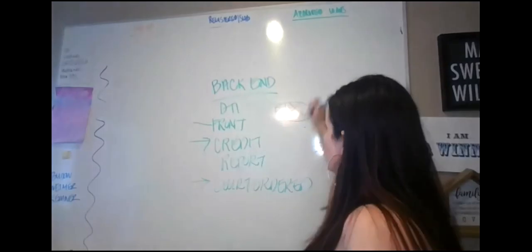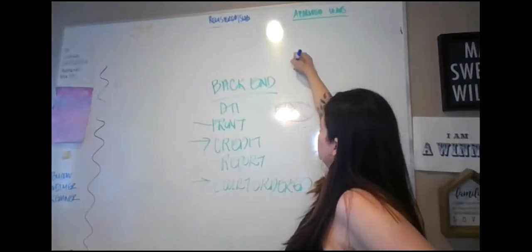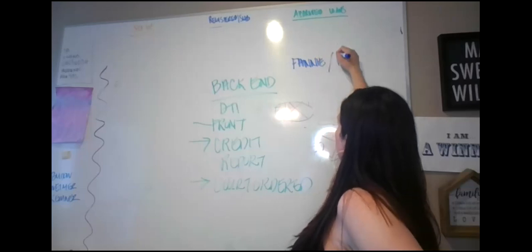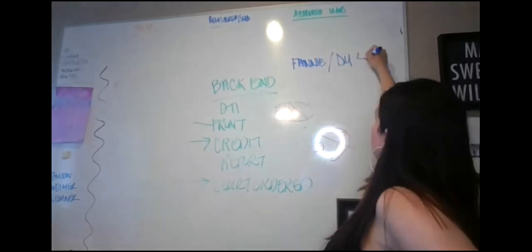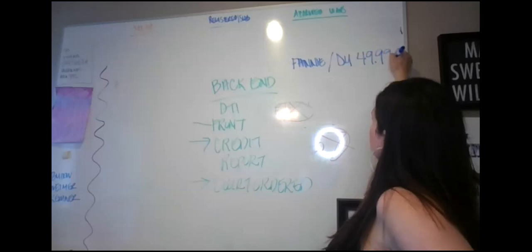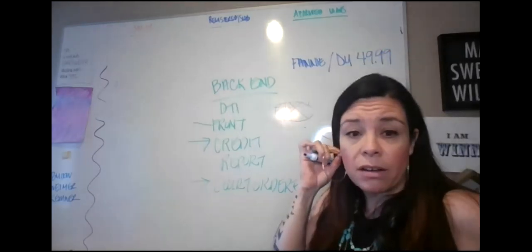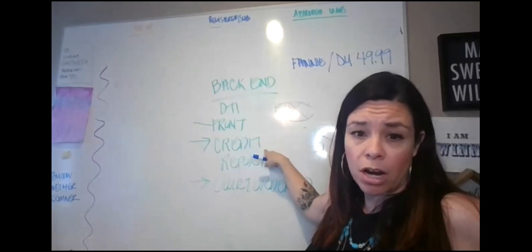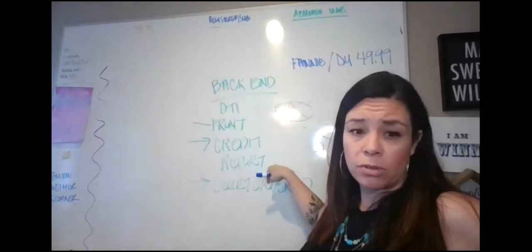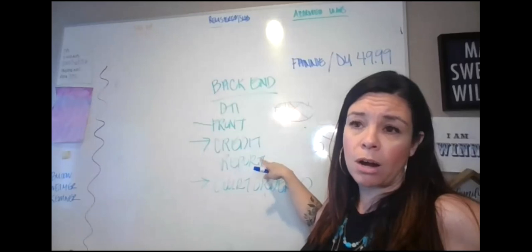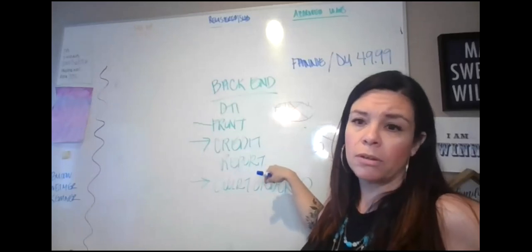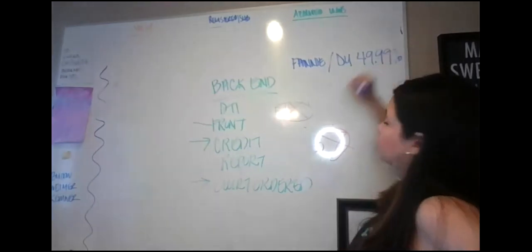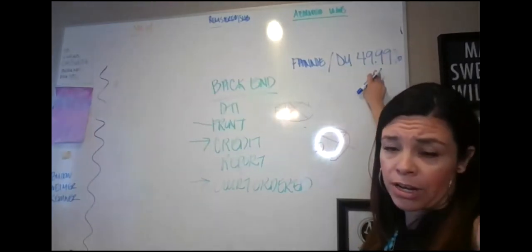So Fannie will typically let all of your housing, your car, your credit cards, your student loans, your personal notes, all of that stuff, Fannie typically will let you go to 49.99.